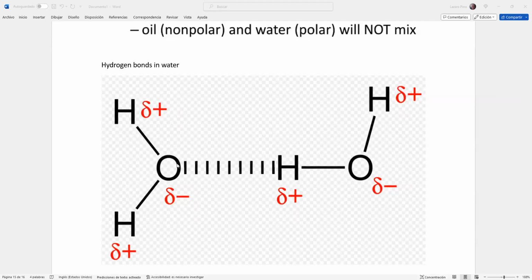This type of interaction makes the attraction stronger between two molecules in the case that they make a hydrogen bond. That's why water boils at 100 Celsius degrees, because in order to make water vapor, you need extra energy to break down these hydrogen bonds.